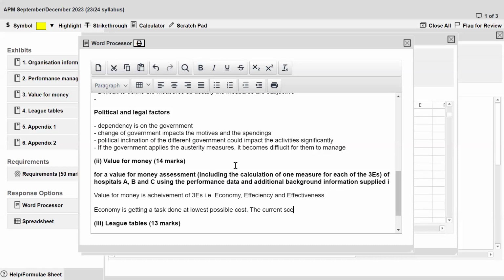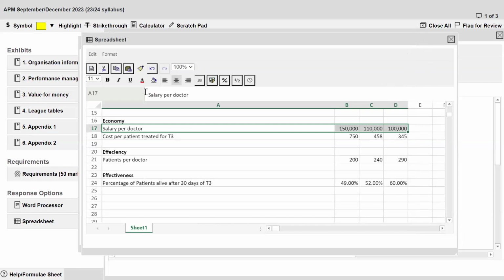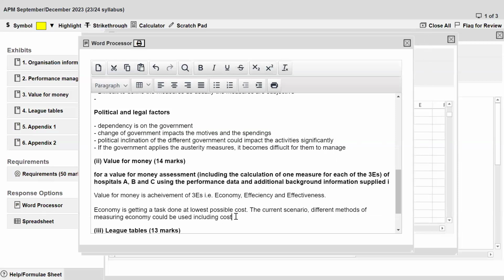In the current scenario, different methods of measuring economy could be used, including the cost per patient treated.